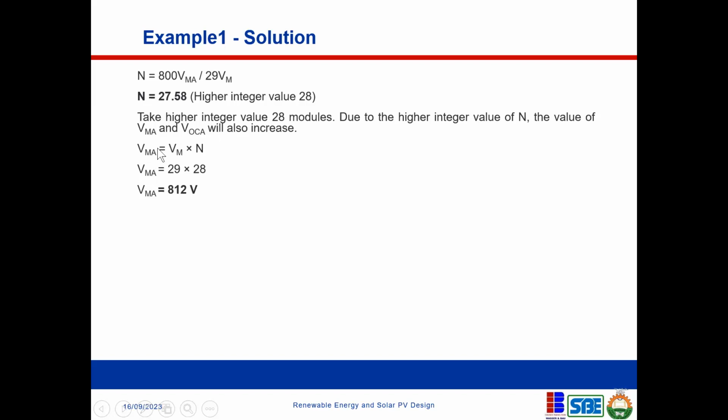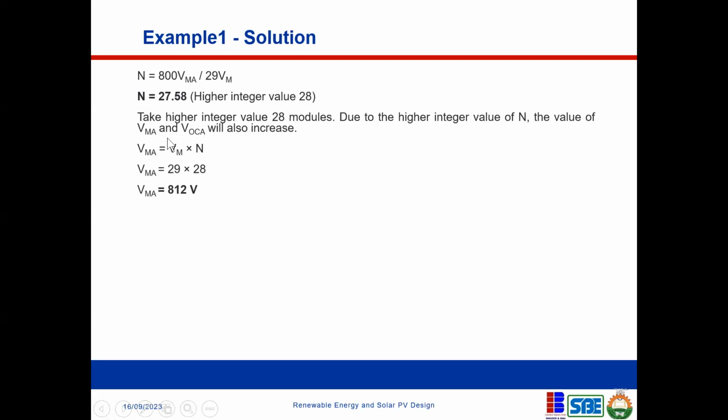So now, to calculate how much increase will happen, the maximum voltage of the array is equal to the voltage of the module times N, which is 29 times 28. You have 812. I don't know if this is clear.